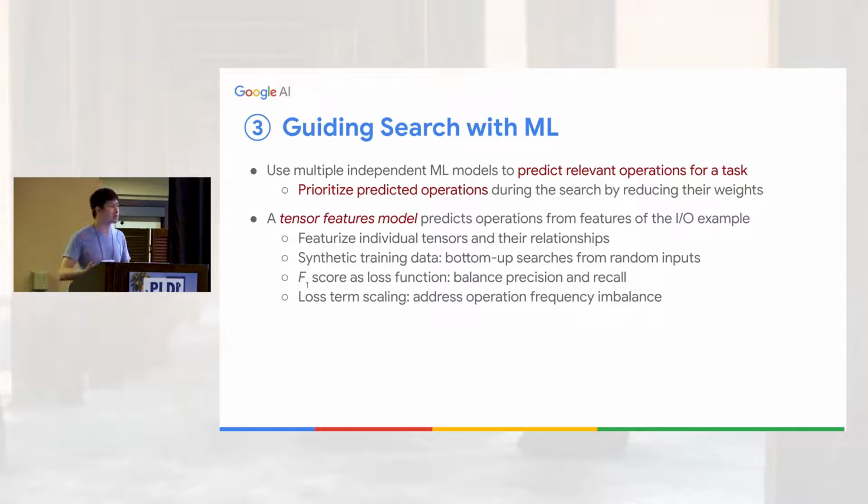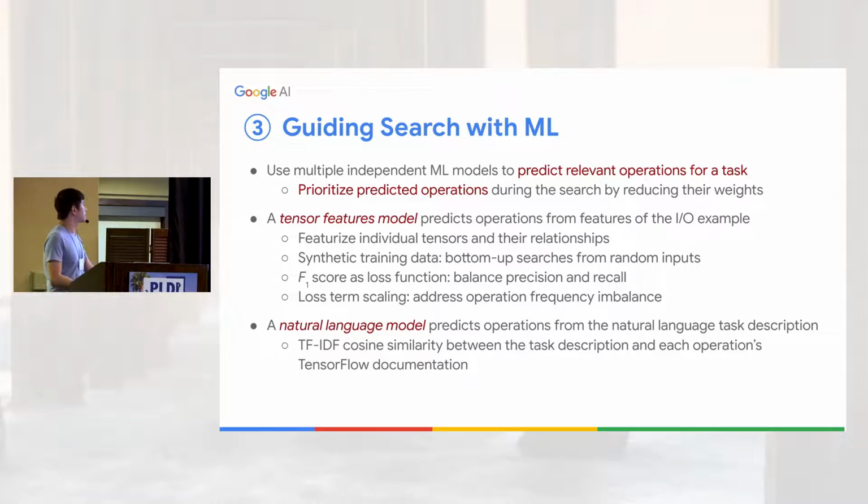We generate a synthetic training dataset using multiple bottom-up searches starting from random inputs. And we use the F1 score as our loss function, which balances precision and recall between the predicted operations. We also noticed that there's an imbalance in the frequency of operations in our synthetic dataset, so we scaled some loss terms to adjust for this.